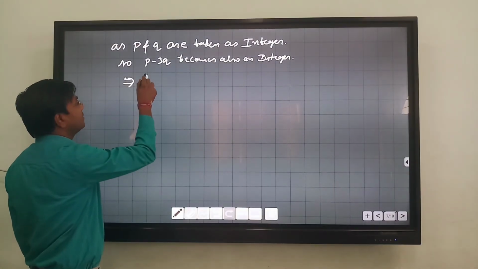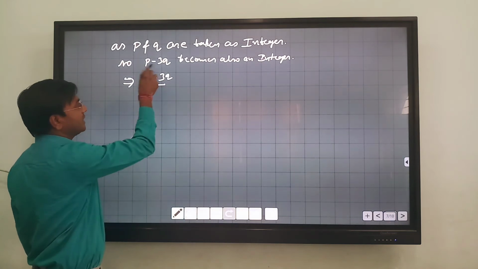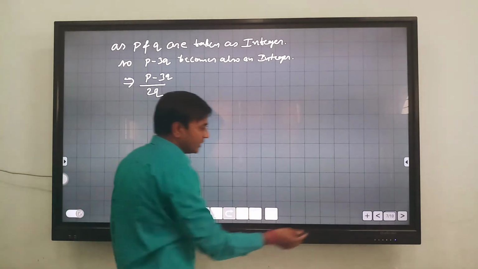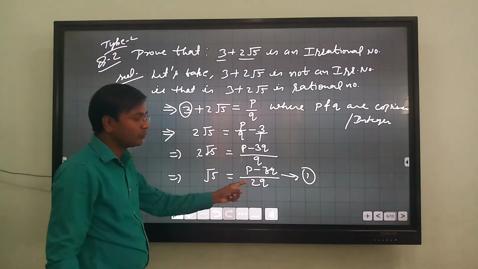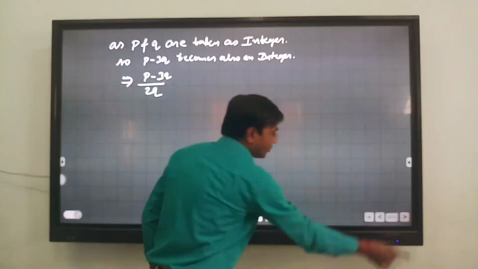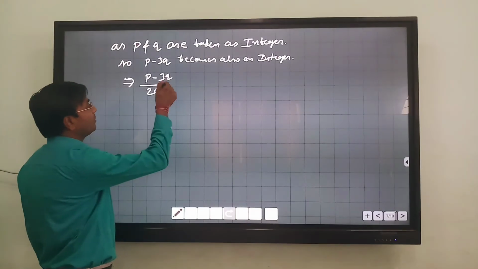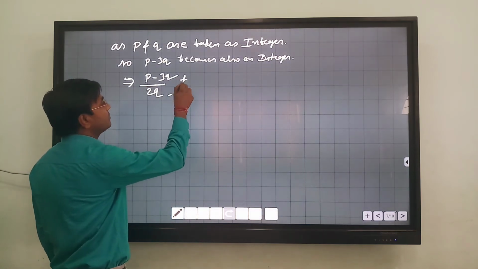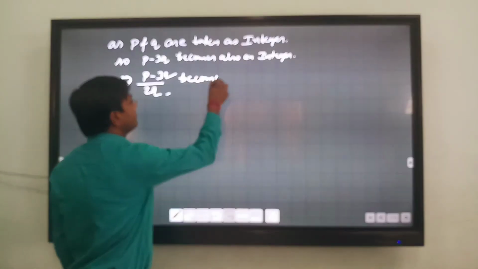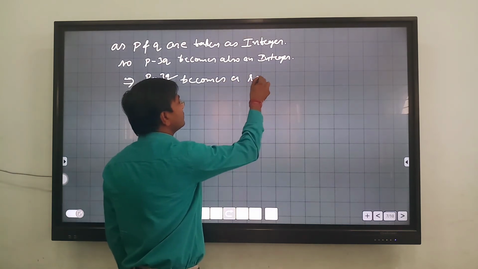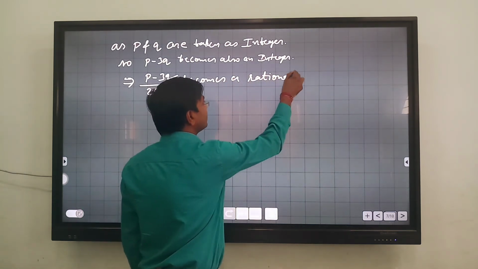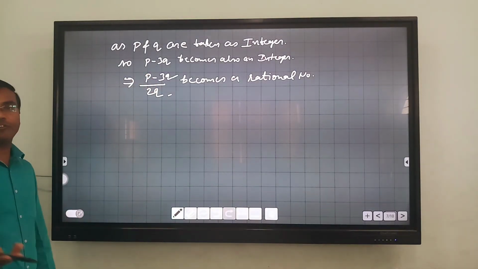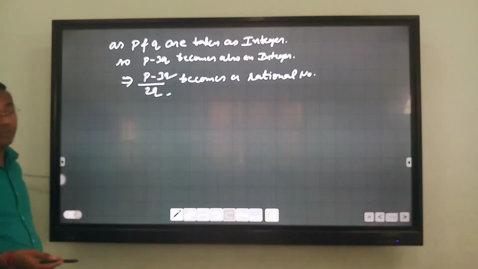And in the denominator, 2q is also an integer. So this whole number, integer upon integer, becomes a rational number, because this is again in the form of a fraction, that is p by q form, right?